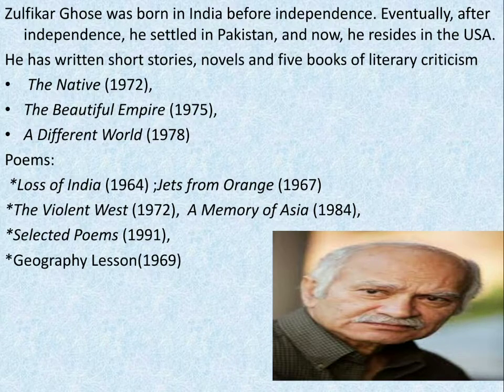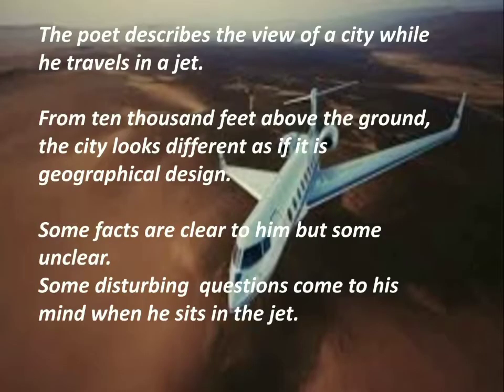So now this poem we are going to read in detail. Now we'll see what the poet Zulfikar Ghose wanted to describe in this particular poem. This poem is divided into 3 different stanzas. In the first stanza, the poet describes the view of a city while he travels in a jet. That is, he describes his city as it appears from the window of an aeroplane.